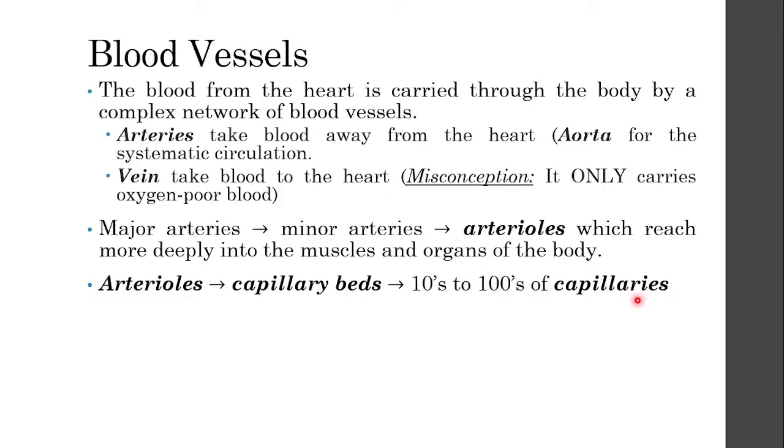Capillaries are very, very small in diameter, so that only one red blood cell can actually enter inside, and that is important because we want a lot of surface area to expose these red blood cells so we can facilitate that oxygen transfer, either at the pulmonary level sa mga alveoli natin, and into our cells and organs.